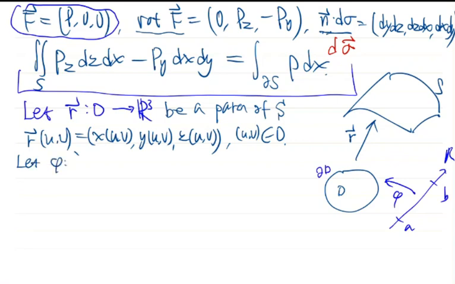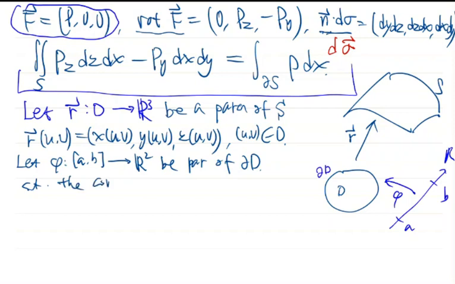Let phi from [A,B] to R2 be a parametrization of the boundary of D, such that the corresponding orientation of the boundary of D is positive.